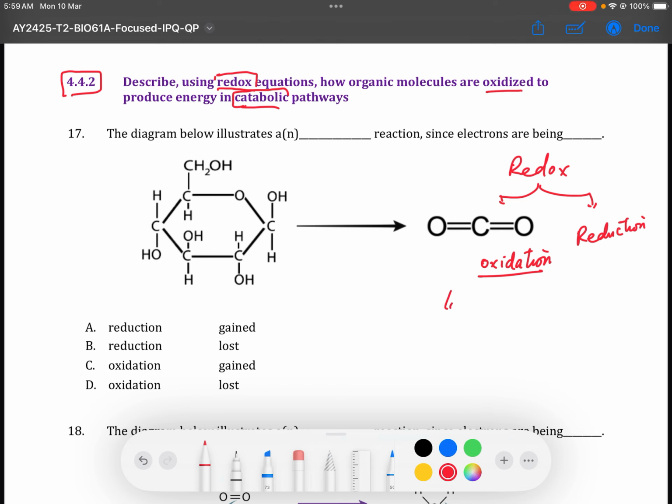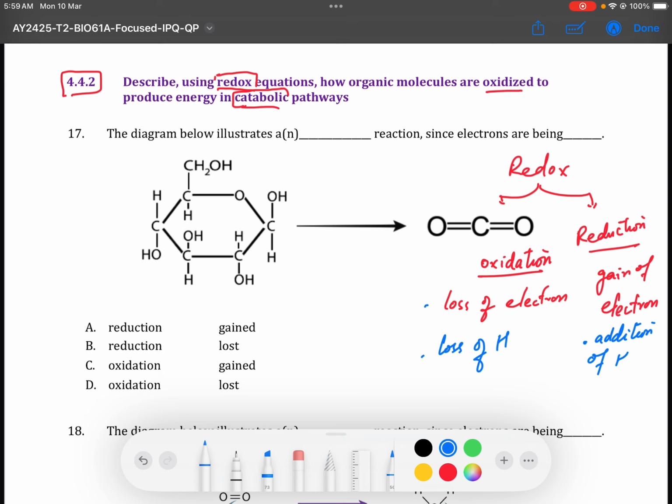Oxidation means loss of electrons, while reduction means gain of electrons. If you are not sure about the electronic states, you can go for another way: oxidation is loss of hydrogen, while reduction is addition or gain of hydrogen.